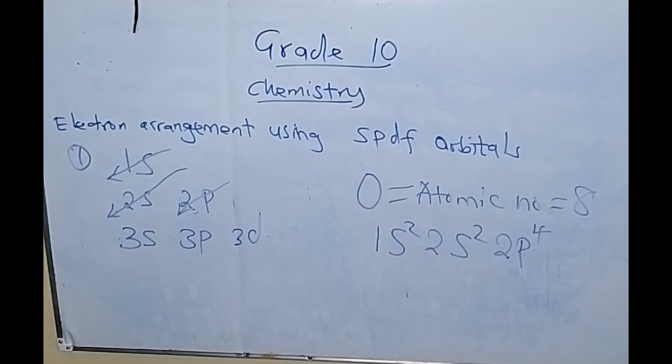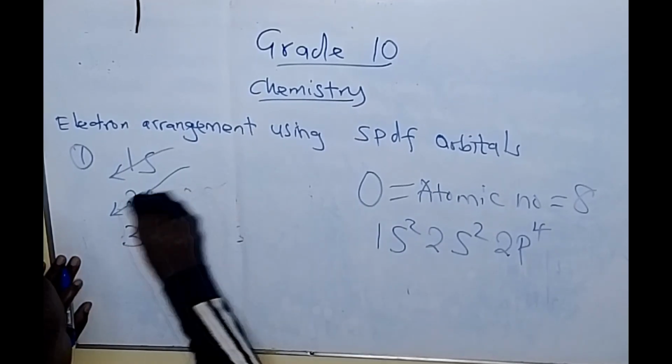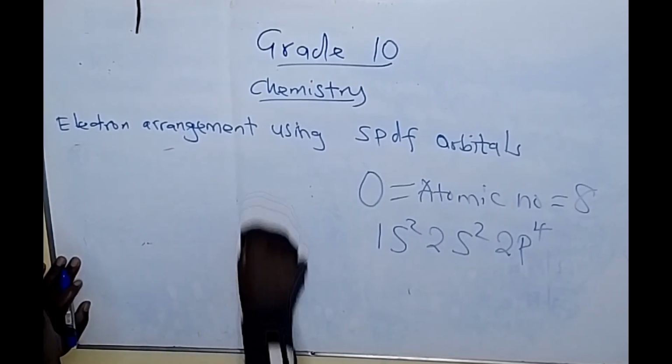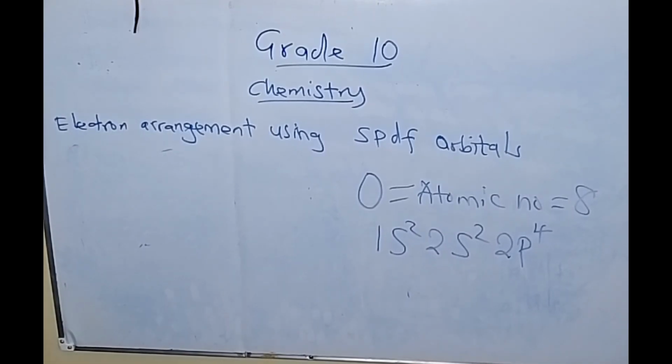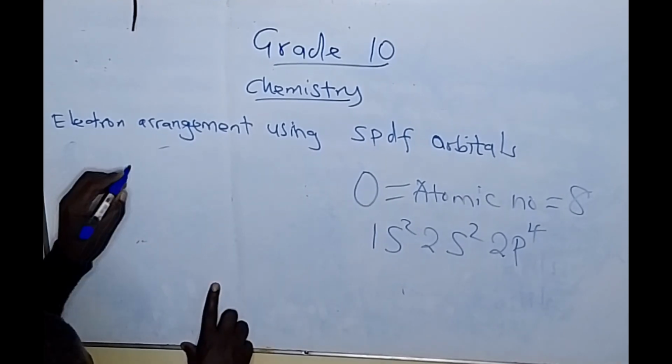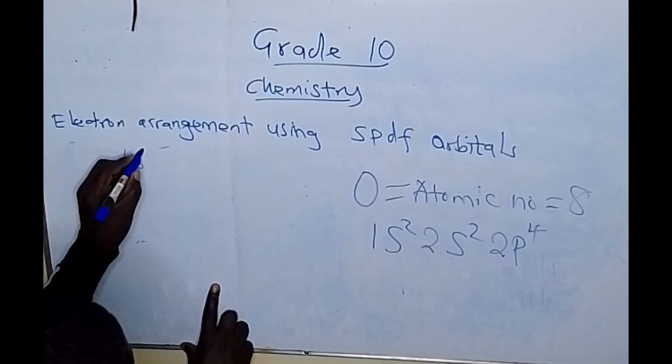Number two, the rules of naming this one. If it was in-box electron arrangement, I don't think I've given you the information to know the maximum number of electrons which can be found in a sub-level. The first sub-level can accommodate 2 electrons.